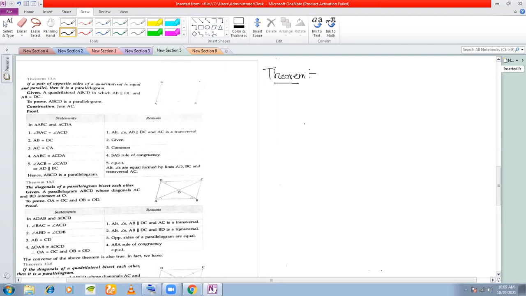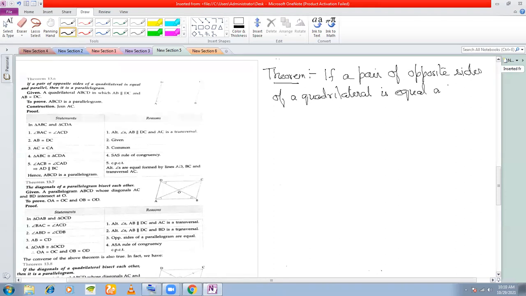The next theorem is, if a pair of opposite sides of a quadrilateral is equal and parallel, then it is a parallelogram.